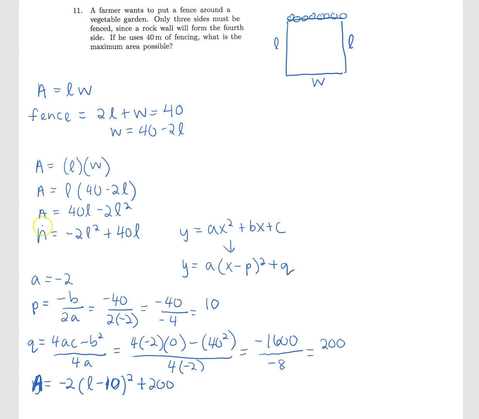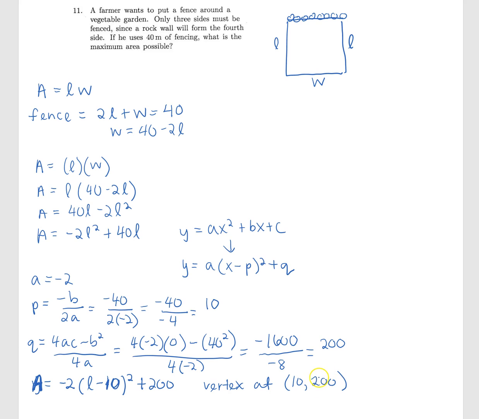So we've changed this equation into this form, and now we can see that looking at this and using our values for p and q, the vertex of this function is at x equals 10, y equals 200.